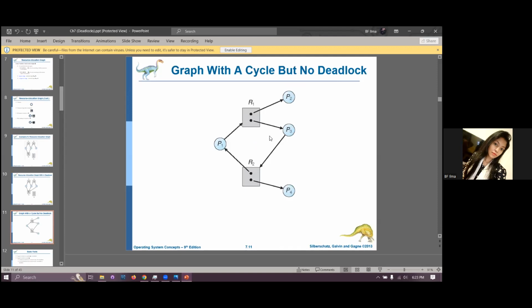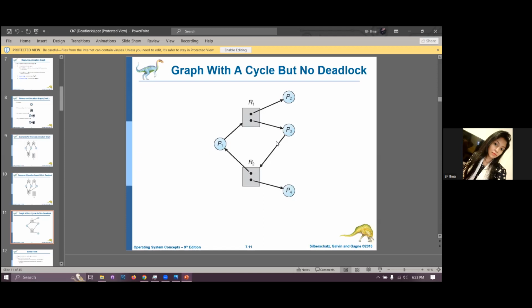Cycles are important for resources with single instances. If there are single instance resources and you consider a graph with a cycle, then you can definitely say there's a deadlock.